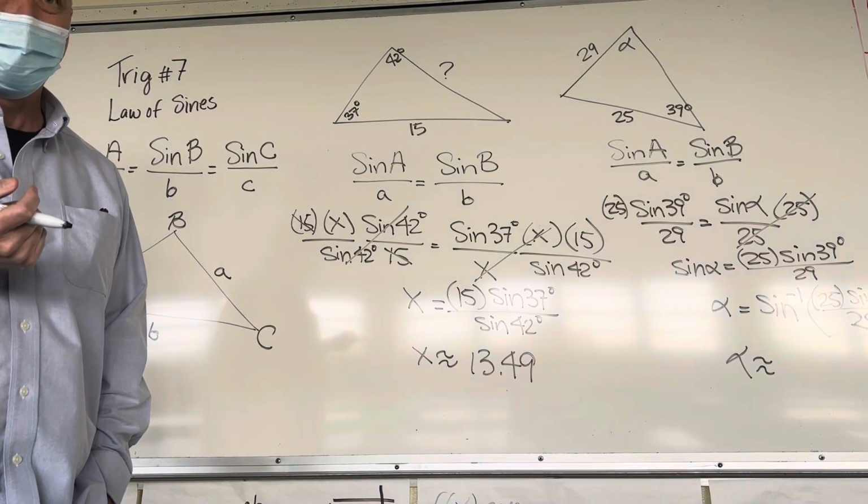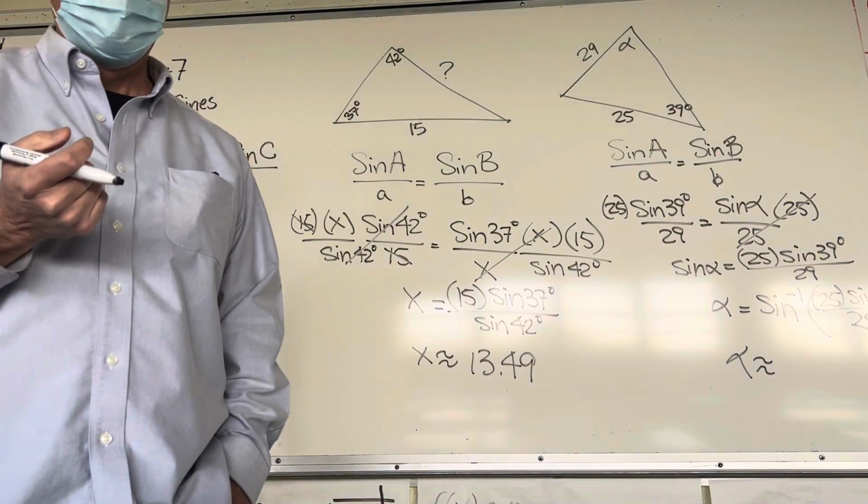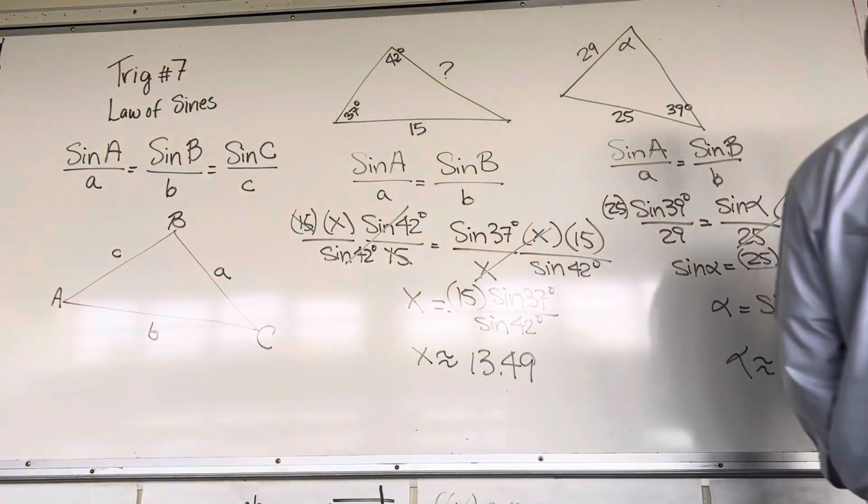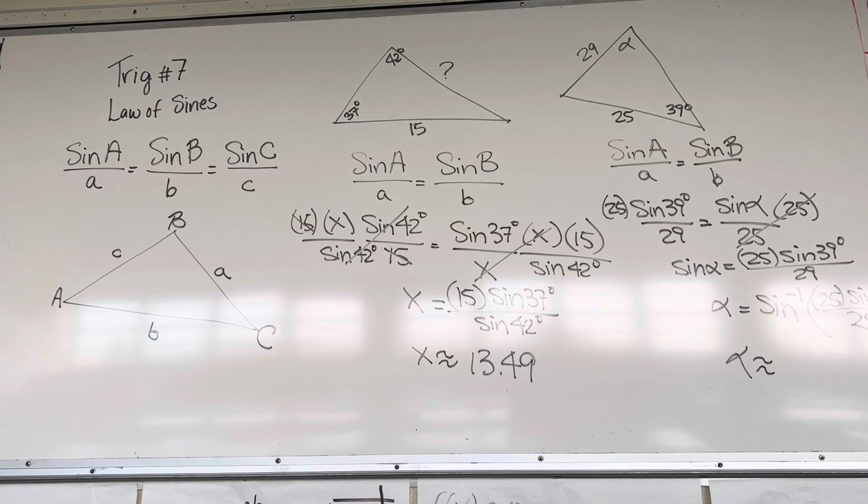I think you've got to do it backwards. You've got to start way over here on the inside and say 39 sine times 25 equals, divided by 29 equals, and then say second -1 sine. Work from the inside out with your iPhone.